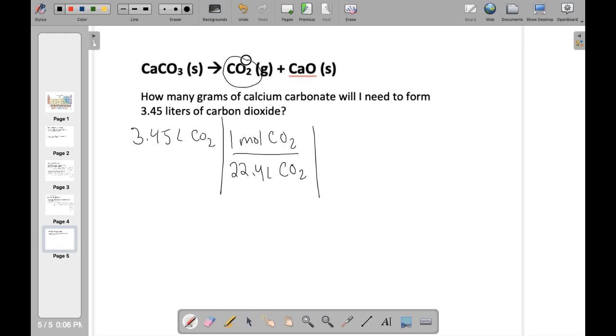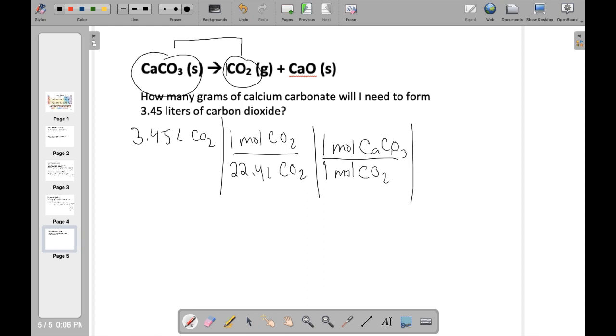Okay, I need to construct my ratio. I'm going from carbon dioxide. Trust me, I've messed up this step. It seems so easy, but sometimes you misidentify things, you're not paying attention, and then you make a mistake and get it wrong. So 1 mole of CO2 is equal to 1 mole of calcium carbonate. So we really don't even need this step in here because it's 1 to 1, but I like to do it just because it makes me feel better. And it looks nice.